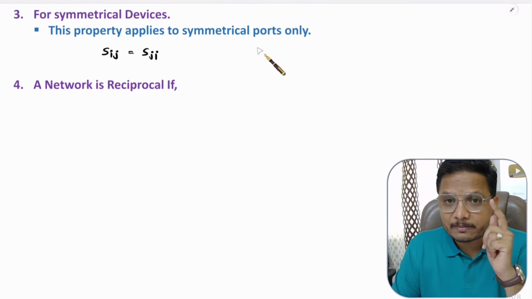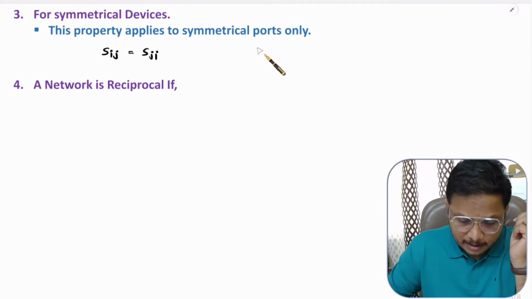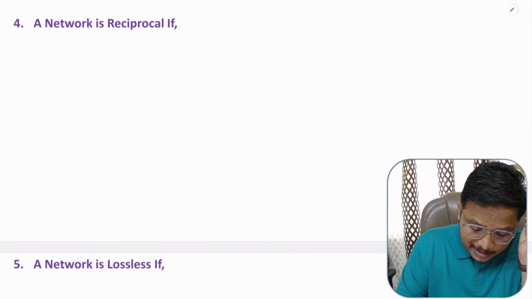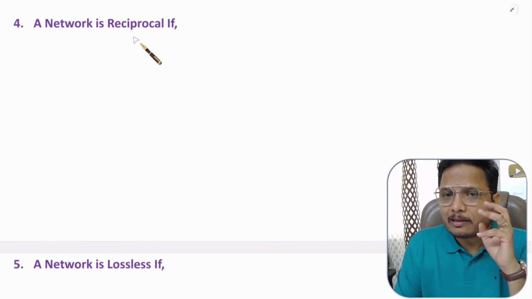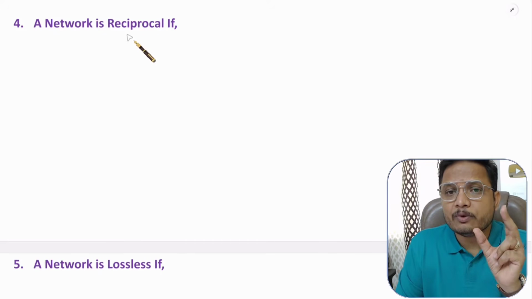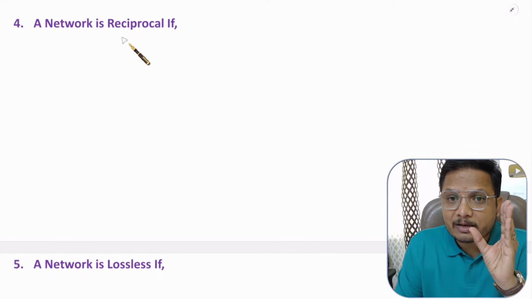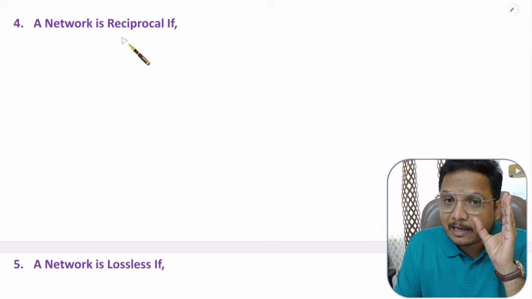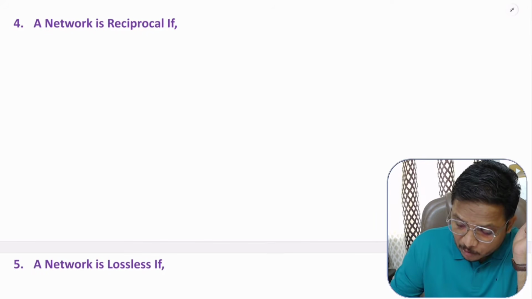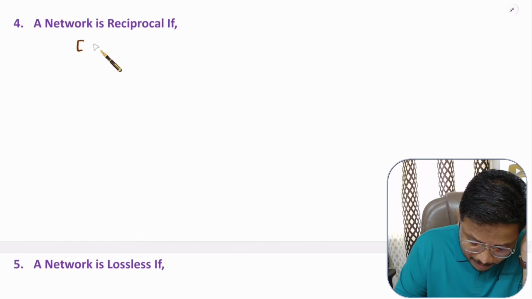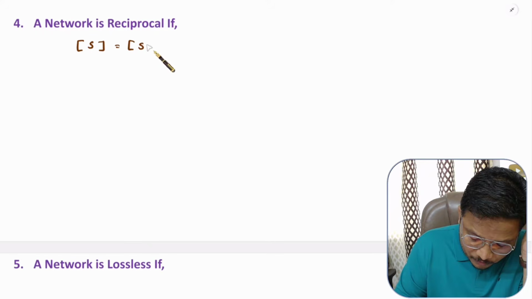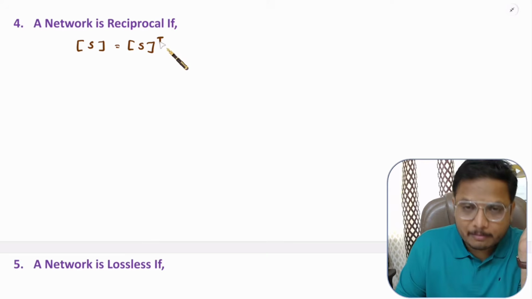Now I'll explain the fourth property, which is based on the reciprocal network. A reciprocal network is possible only if the S matrix equals the transpose of that S matrix. So reciprocity states that the S matrix should be equal to the transpose of that matrix.